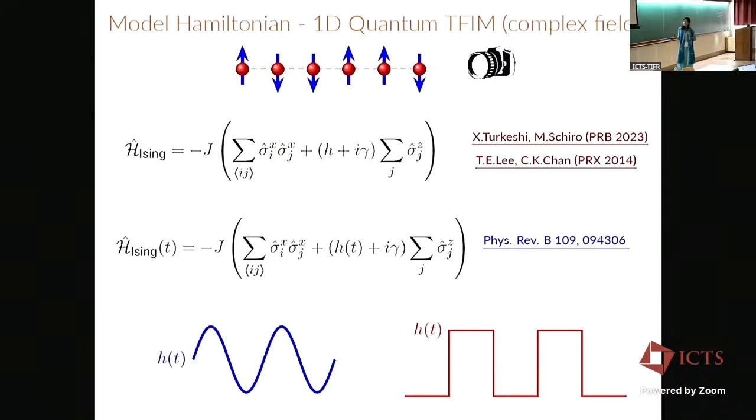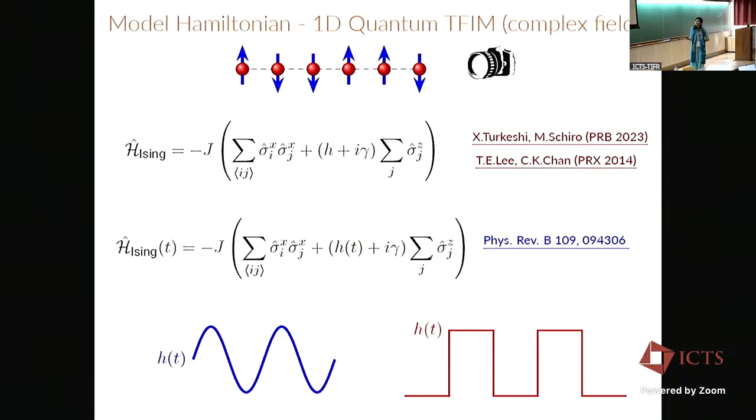In the low dissipation regime, there is a logarithmic scaling, but in the high dissipation regime, one can have area law entanglement scaling. So in terms of entanglement scaling, there could be interesting transitions in the steady state. What I will try to describe in this talk is that if you make the magnetic field time dependent and consider different types of periodic drive protocol, can we get interesting entanglement transitions, because we now have frequency as a tuning parameter.